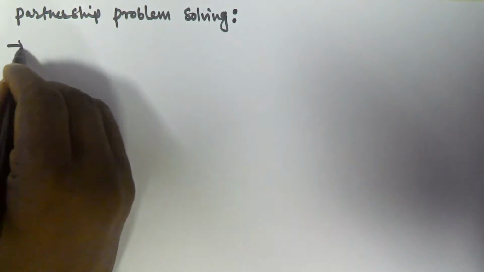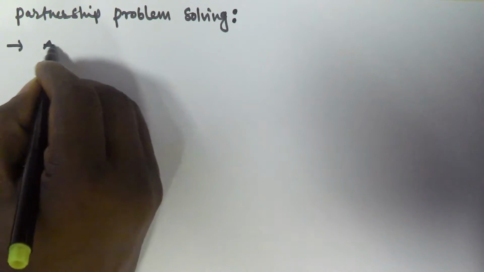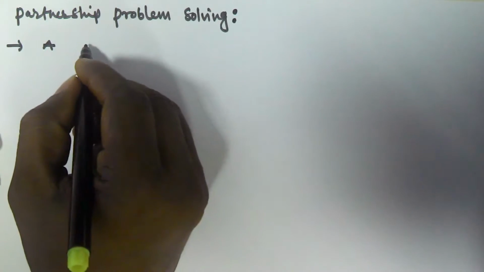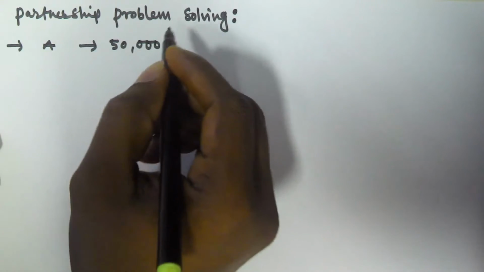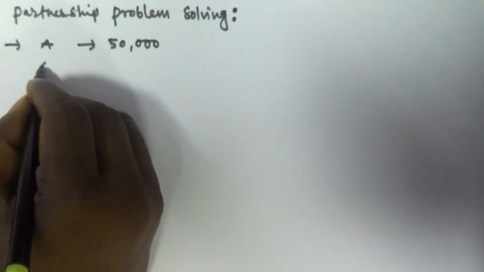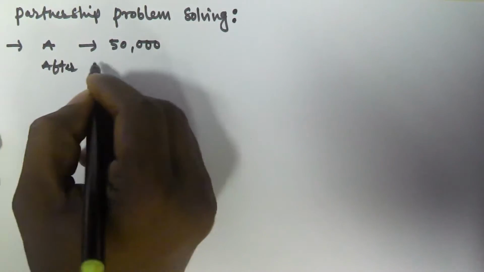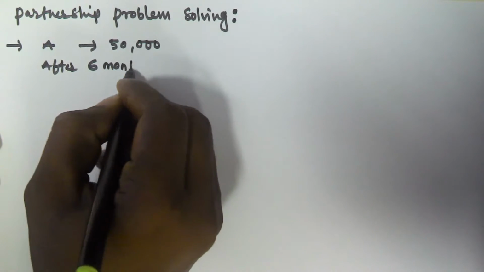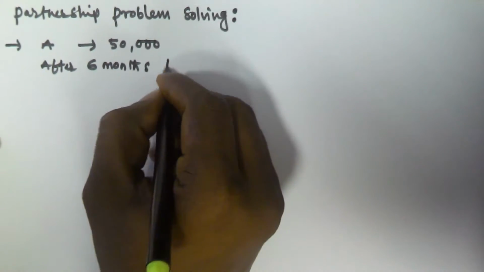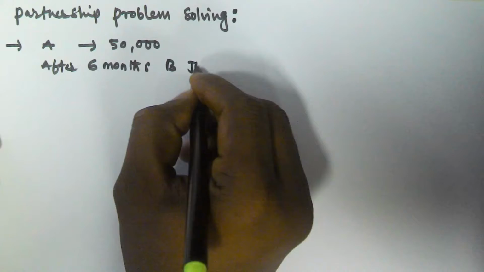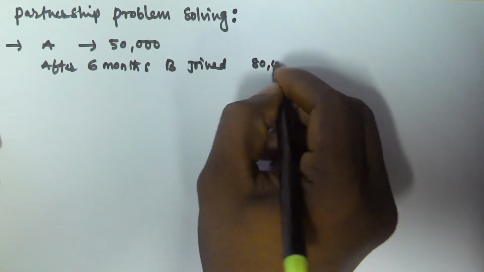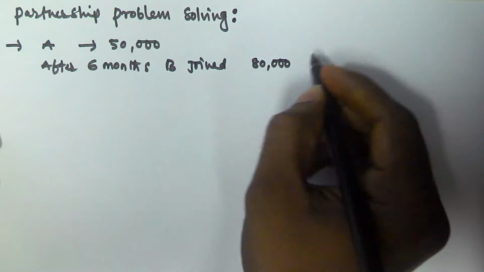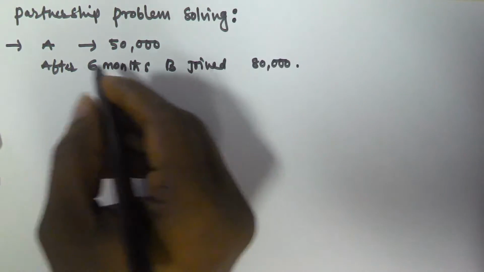So consider a problem. A started a software business by investing 50,000 rupees. After 6 months, B joined with capital 80,000 rupees.